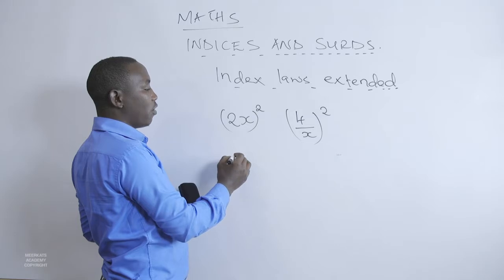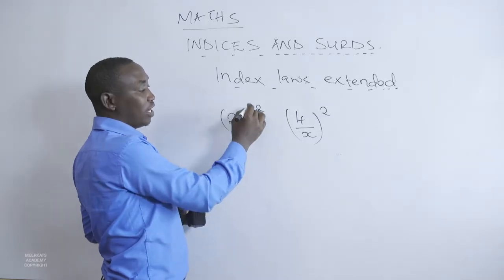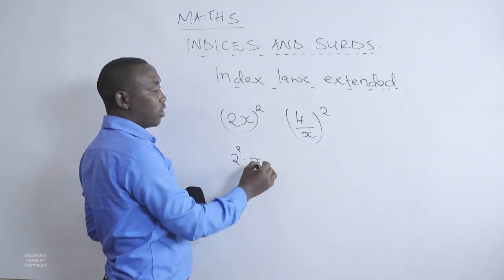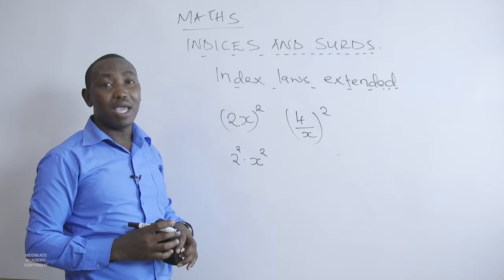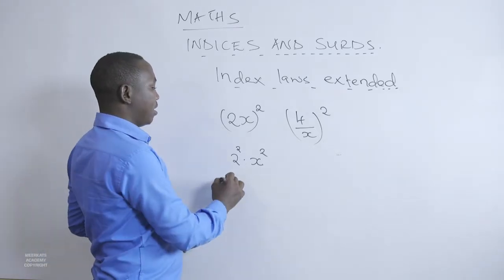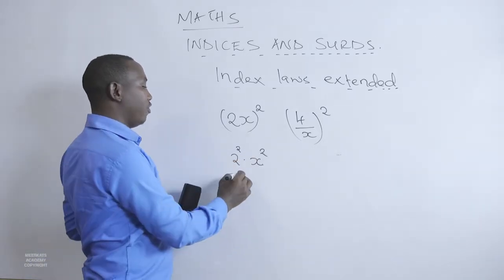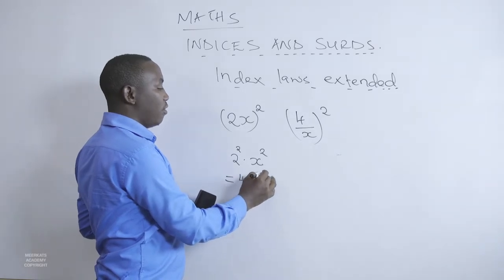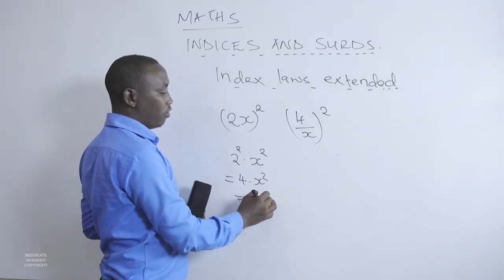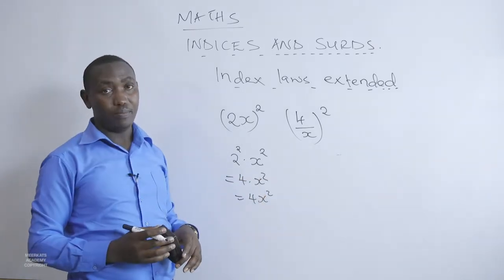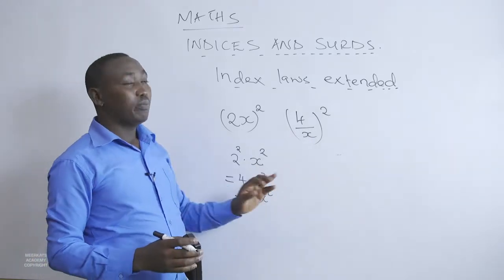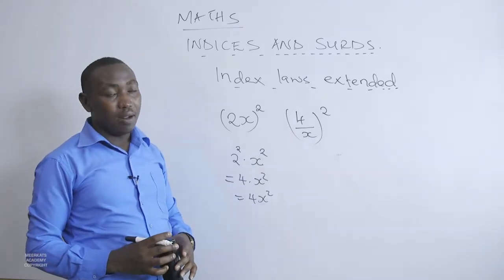So we shall now have 2 being affected by the power, and also x being affected by the power. Then you finally evaluate: 2 squared will give you 4 and x squared gives x squared, finally giving you 4x squared.